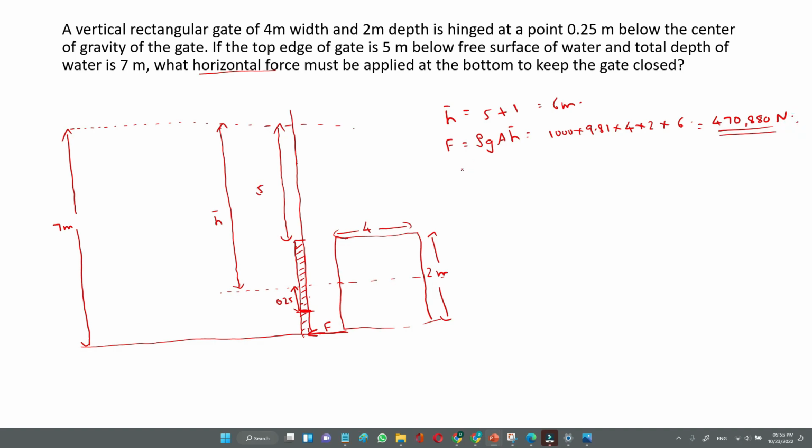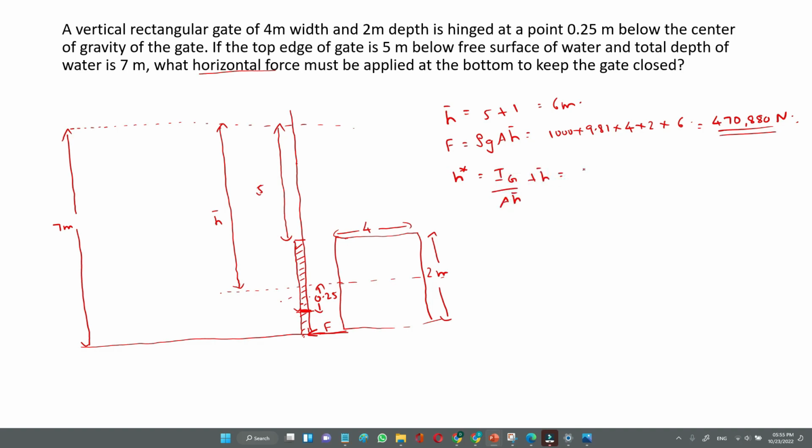So at what point is it acting? It will act at the center of pressure, H star. H star is given by the formula Ig by A h bar plus h bar.